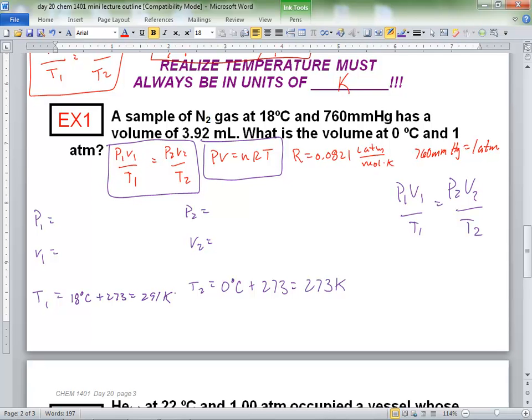Okay, another one. Daisy. V1 would be 3.92 milliliters. Okay. Should we change it to liters? We can. If we change it to liters, then V2 needs to be in liters too. Does the question care?